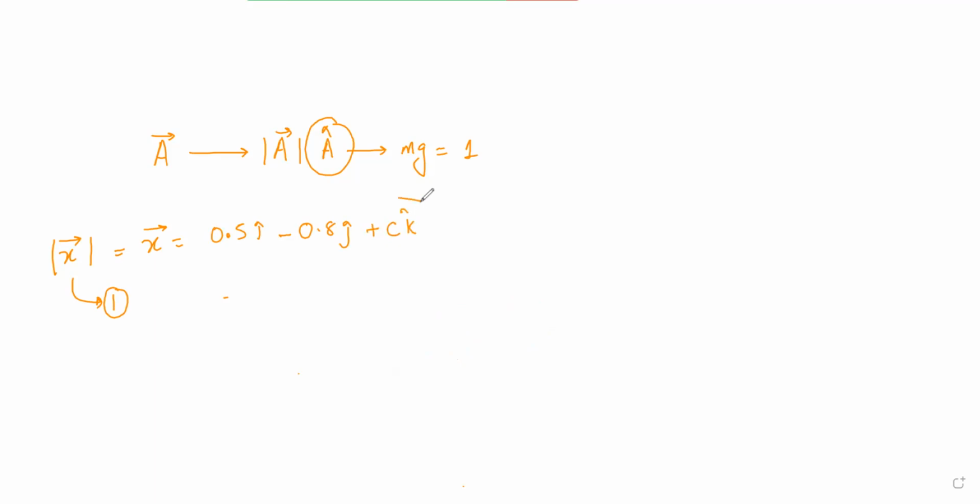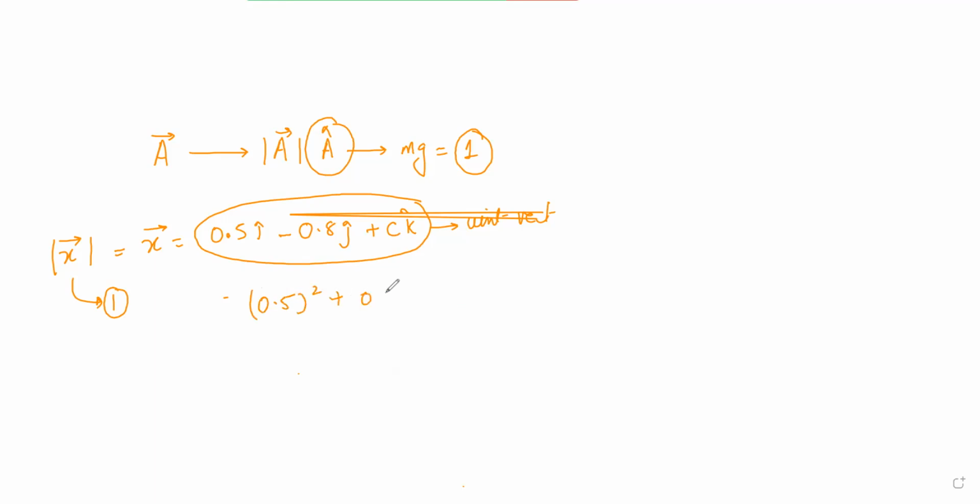This is how it is disguising itself, but it is actually a unit vector. According to the question, the magnitude of this should be equal to 1. What will be the magnitude? 0.5 squared plus 0.8 squared plus c squared should be equal to 1 squared. Can I say that?